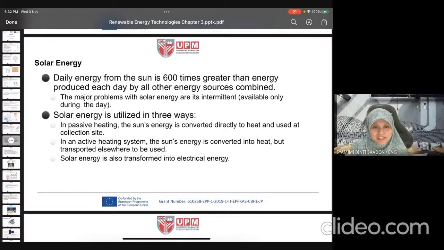Or sometimes it is by using another device to transport the sun's energy and convert it into heat or power, for example with a gas turbine, to convert the sun's energy into another form of energy, heat, mechanical power, etc.